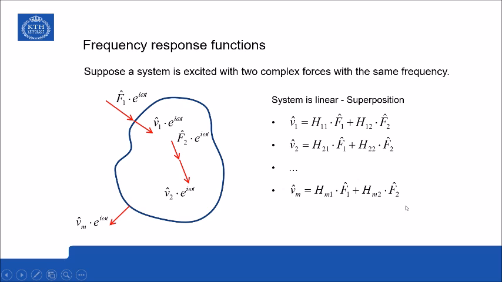And as we can see now, we can organize this as a multiplication, where you obtain the m by 1 response vector by multiplying the m by 2 frequency response function matrix with the 2 by 1 excitation force vector. So this system is characterized with the m by 2 frequency response function matrix.